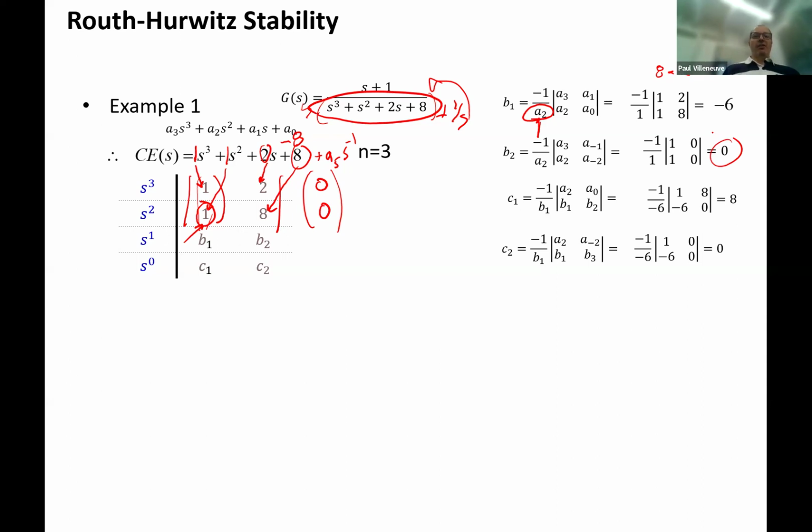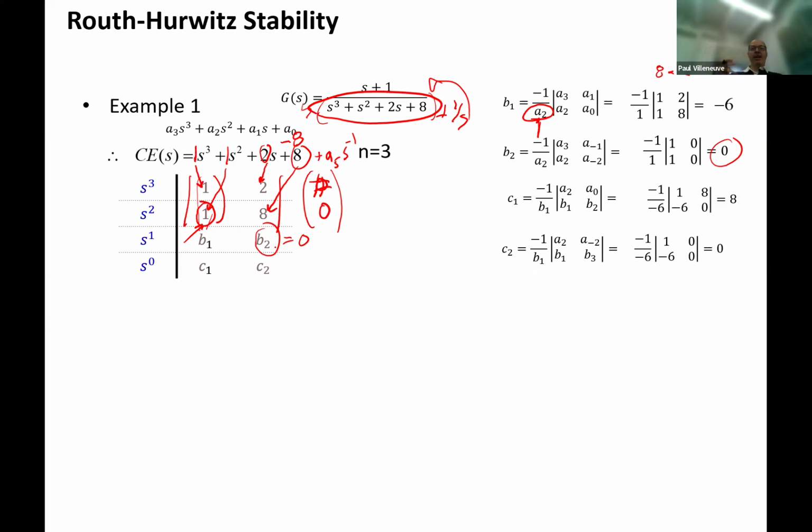If you have a column of zeros, the next coefficient that you calculate over here is always going to be equal to 0. Not guaranteed to be, but if you have a column of zeros here, this is 0.